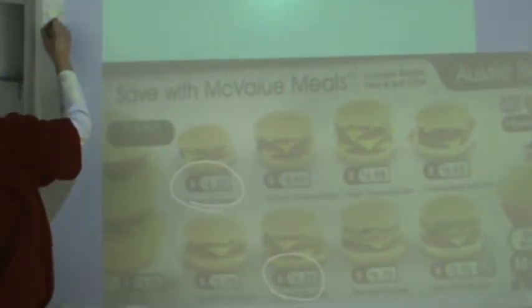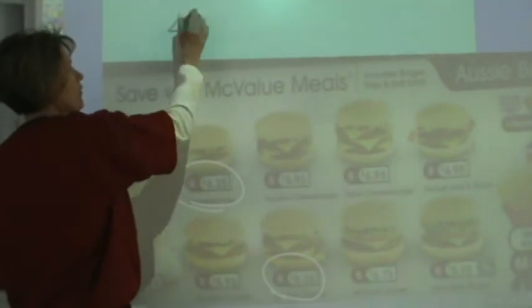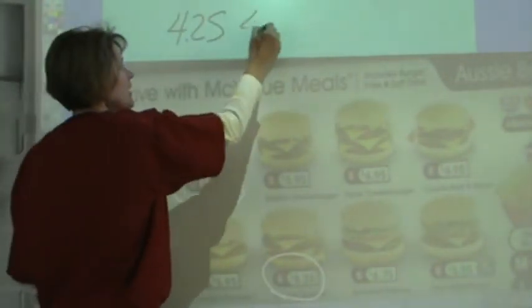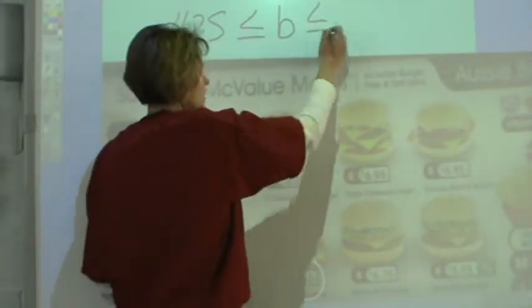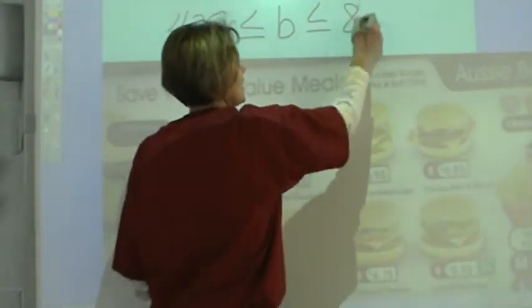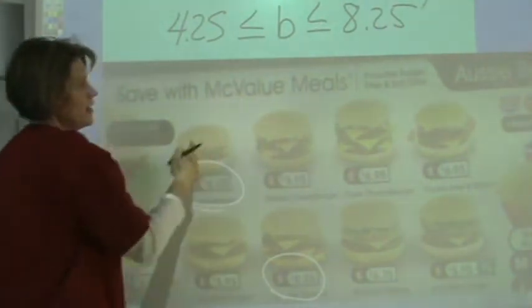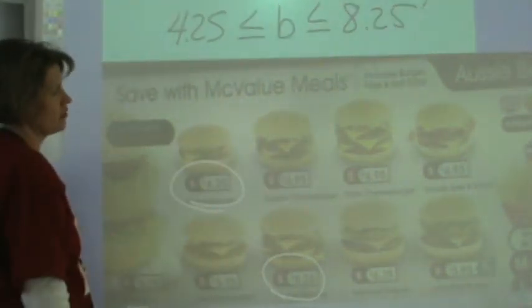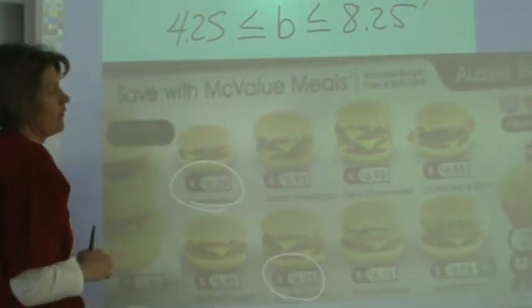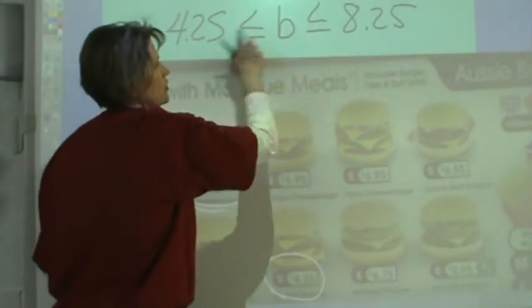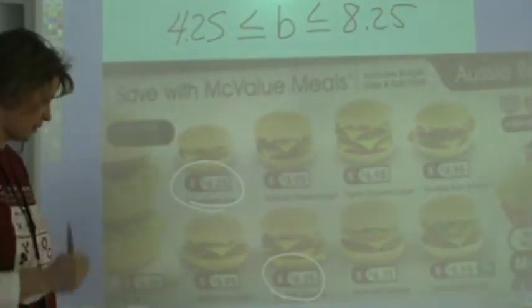All right, so that as an inequality would be $4.25 is less than or equal to all the burger prices, which is less than or equal to $8.25. So every burger, according to this menu in Australia, is between the price of $4.25 and $8.25, or it could include those two, depending which burger you choose to buy.